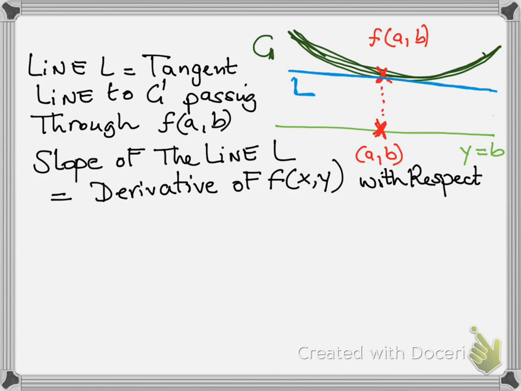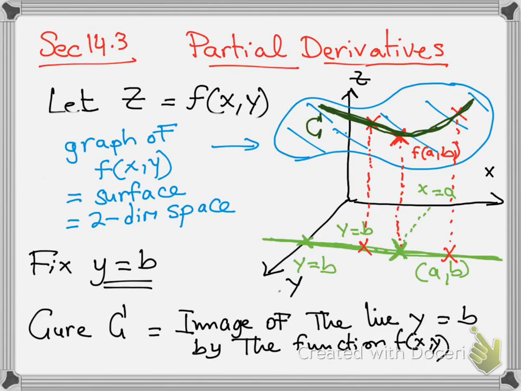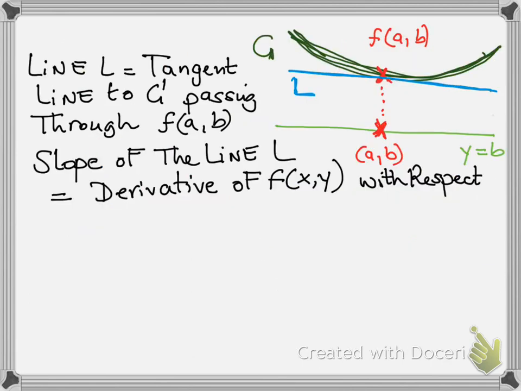But here the line is y equals b. So on this line, y is fixed, always equal to b, but the value of x varies. So the slope of this line L would be the derivative of f of x, y with respect to x, because y is fixed, always equal to b.